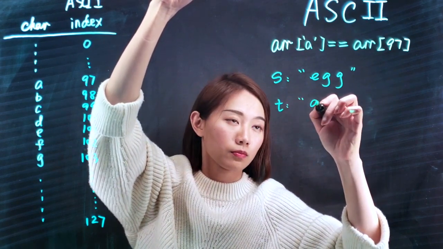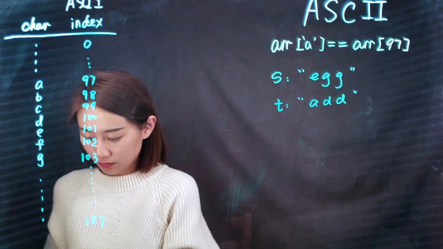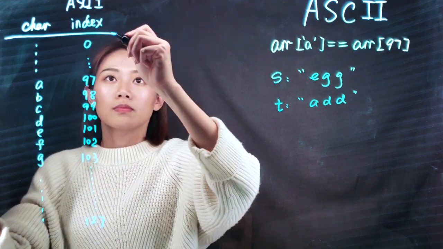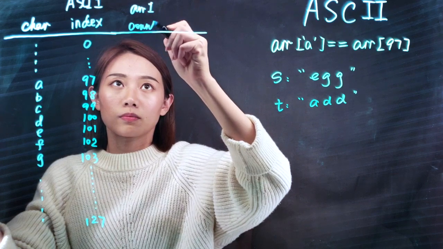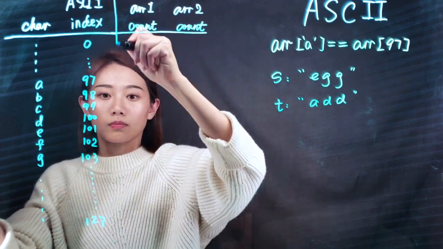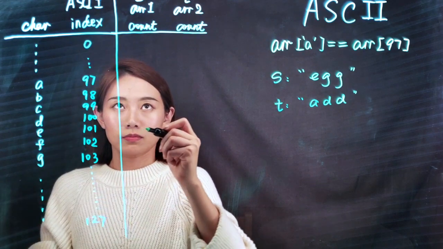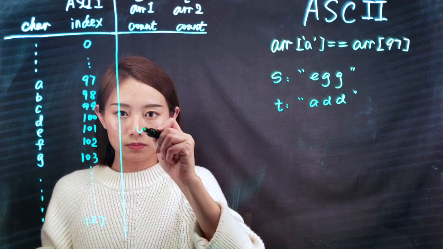Say we have string S, egg, and a string T, add. And we keep two arrays of integers to keep record of the count of a character in that string. The first pair is E to A. The ASCII number for E is 101 and ASCII number for A is 97.